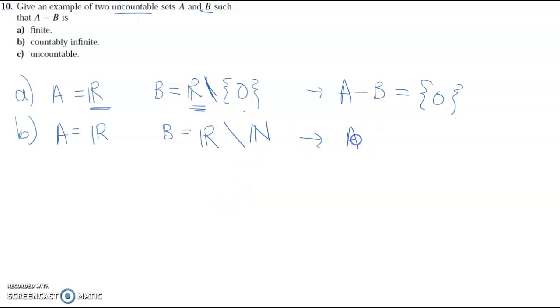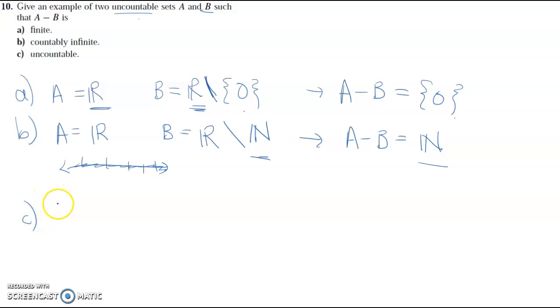By doing this, A minus B is now going to contain all natural numbers, because A is all real numbers, which means every number on the number line, and from that number line we're subtracting all the numbers except the natural numbers. So we're going to have the natural numbers left. Natural numbers are countably infinite, so I think this satisfies our argument.